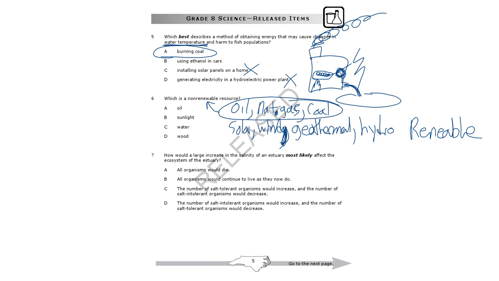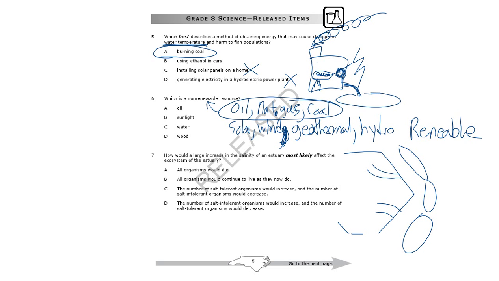How would a large increase in the salinity of an estuary most likely affect the ecosystem of the estuary? So remember, with an estuary, here's North Carolina, and here's the barrier islands or the Outer Banks. Rivers flow out to the mainland coast and carry fresh water.